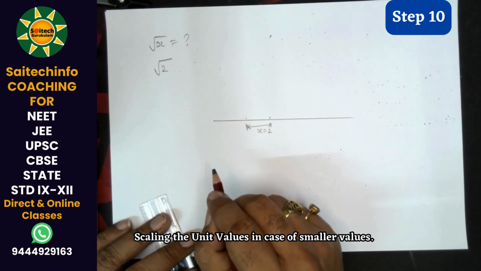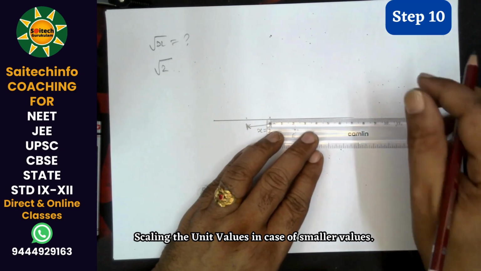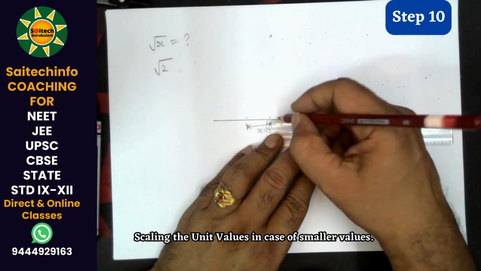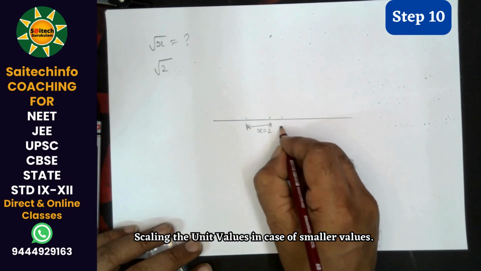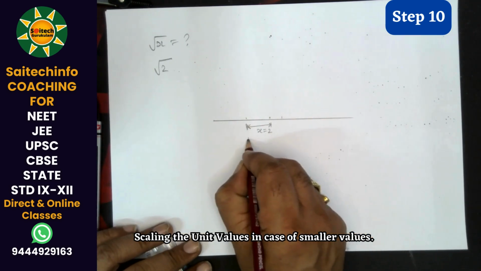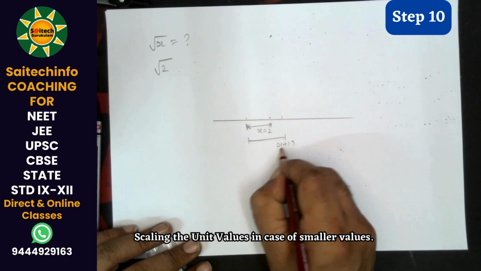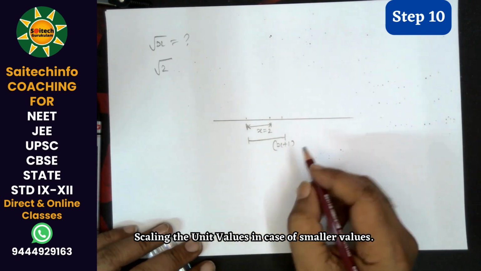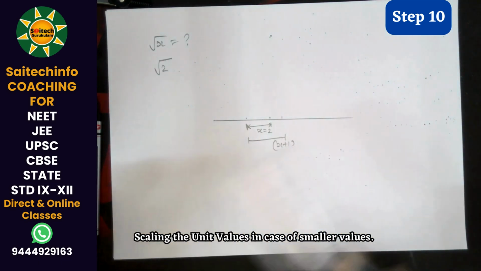Okay. Now add 1 centimeter. So take 1 centimeter. Okay. So you can declare this as what? x plus 1. Is it not? So what about this value? This is x plus 1. It means 2 plus 1, 3. Is it not?